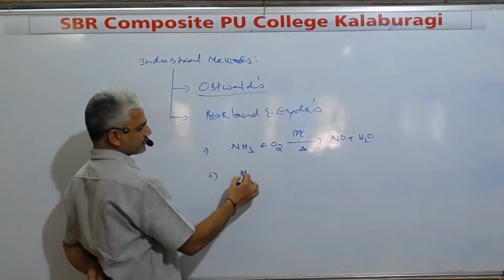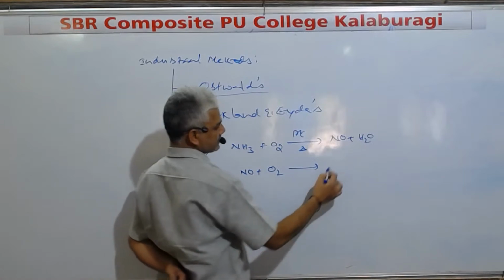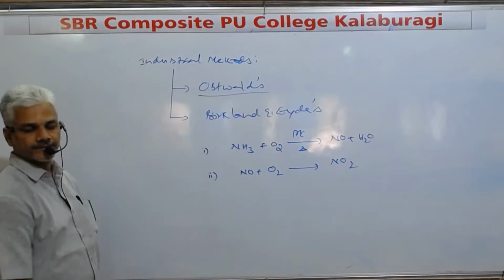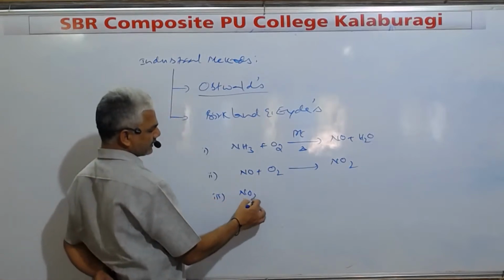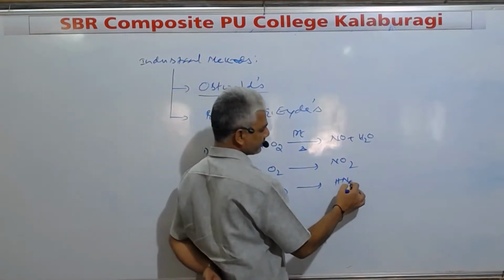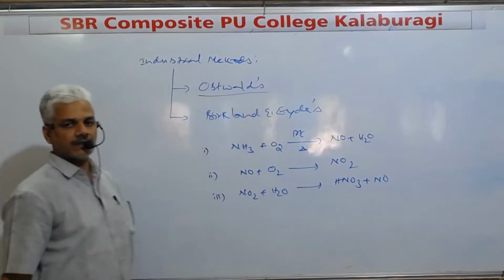Then the nitric oxide is oxidized to get nitrogen dioxide. In the next stage, that nitrogen dioxide is dissolved in water to get nitric acid. Side product will be nitric oxide.